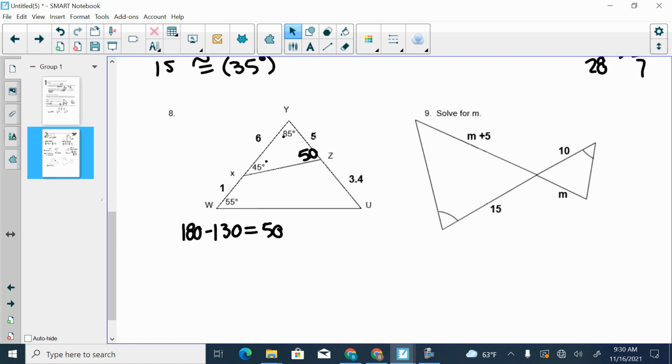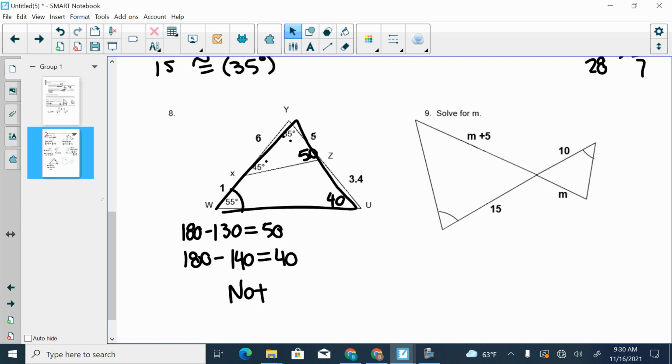Okay, and then if we're looking at the entire triangle, this angle and the 85 would add up to 140, which would leave me with an angle of 40 degrees for this corner here. So we don't have two sets of congruent angles to say that these are similar, so these two triangles are not similar.